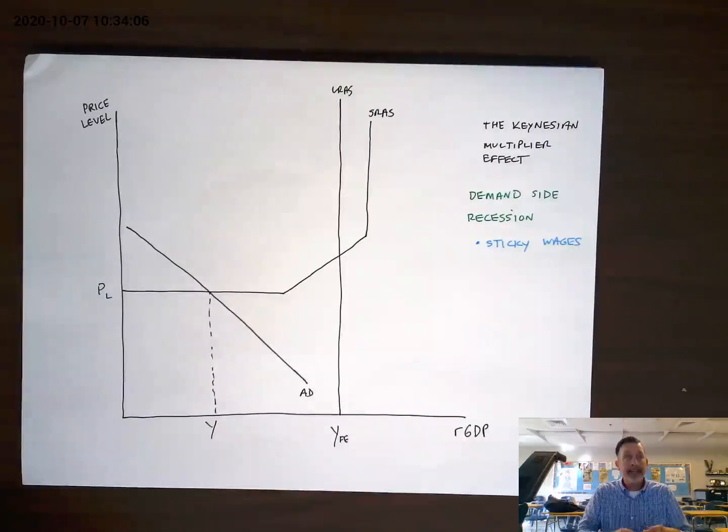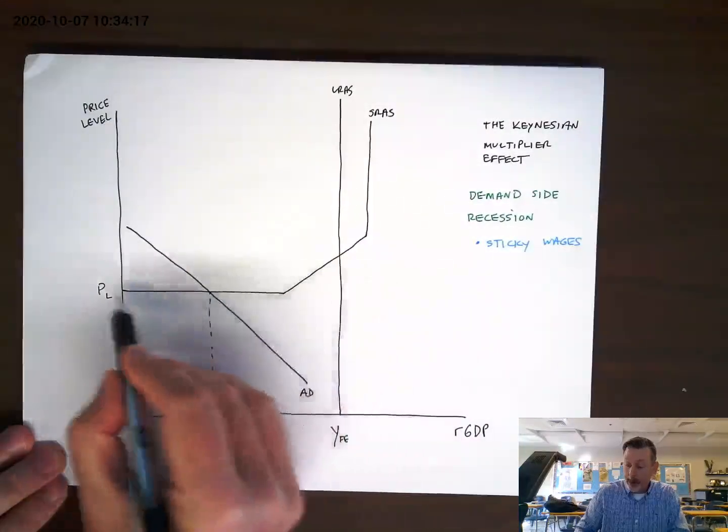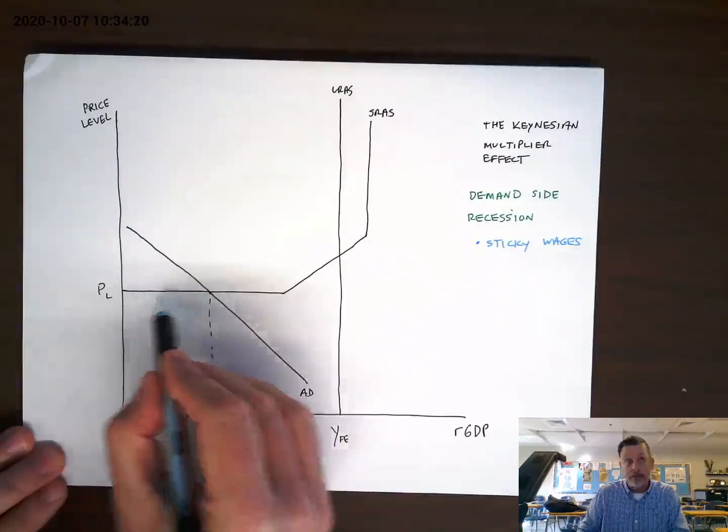The stickiness, or the downward nominal rigidity, of those wage rates and prices creates that horizontal section.